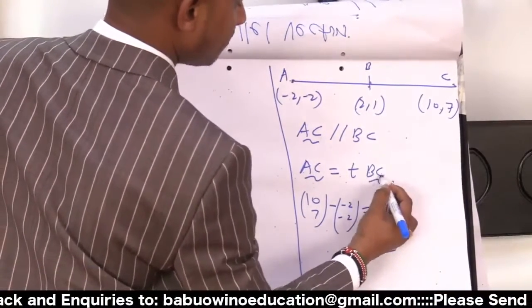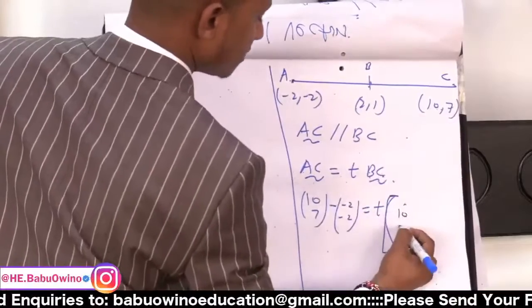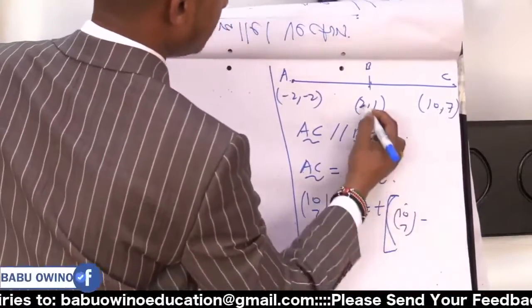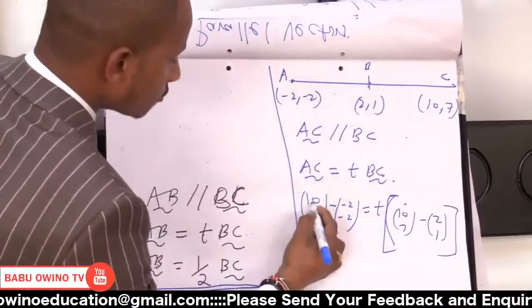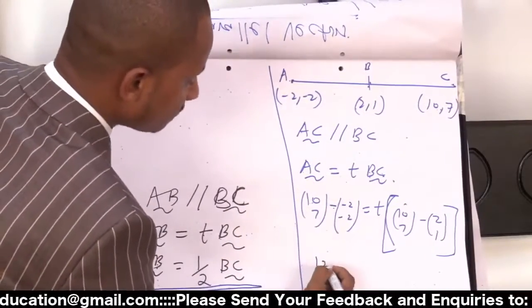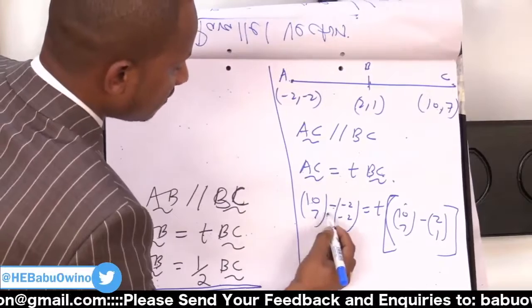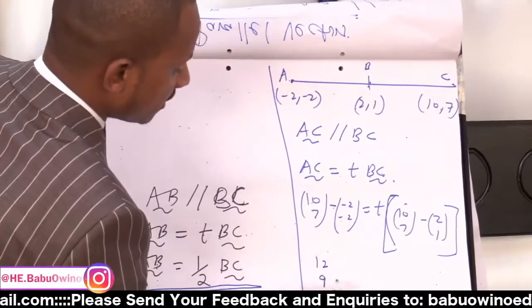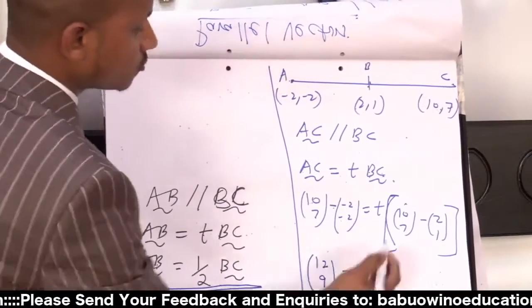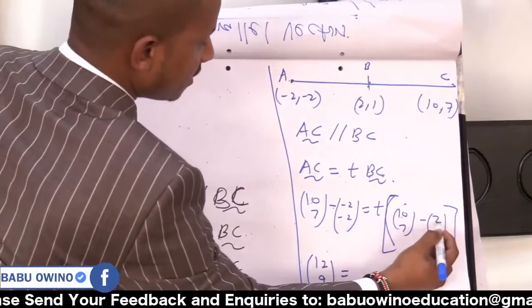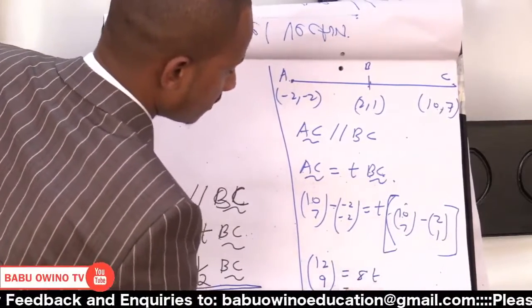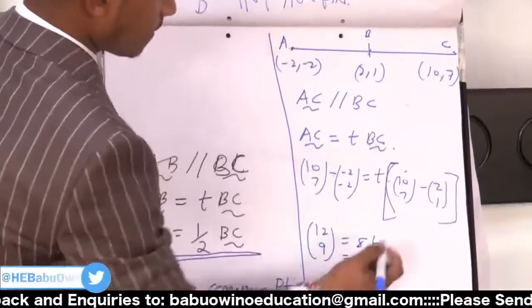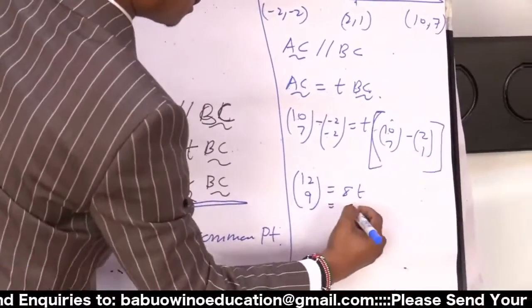BC means C minus B. So C minus B is (10, 7) minus B, which is (2, 1). So 10 minus minus 2 is 12. 7 minus minus 2 is 9. Equals 10 minus 2 is 8, so this is 8T. And then 7 minus 1 is 6T.